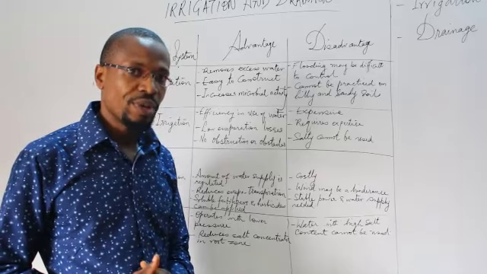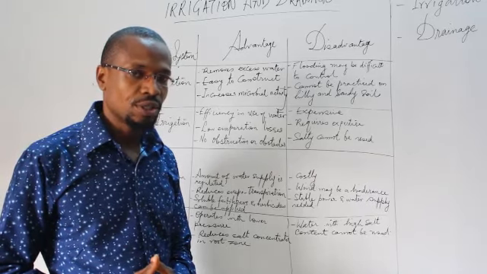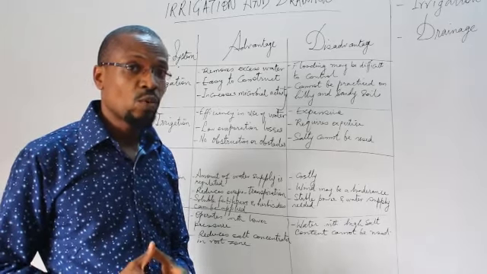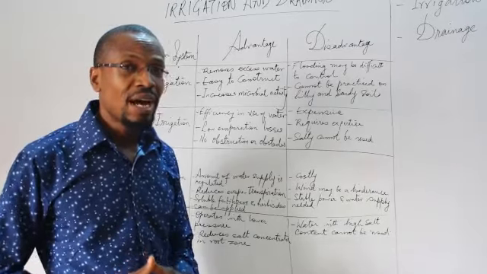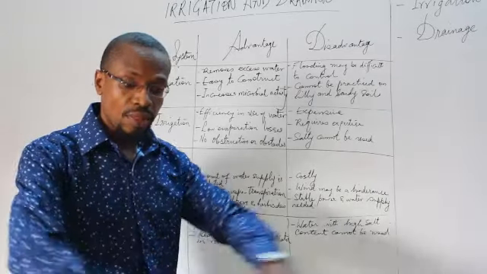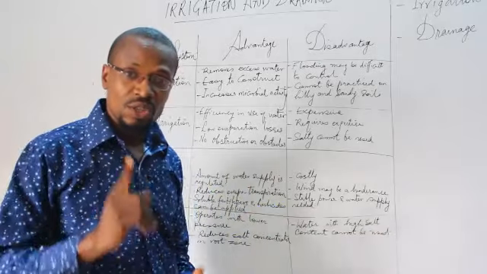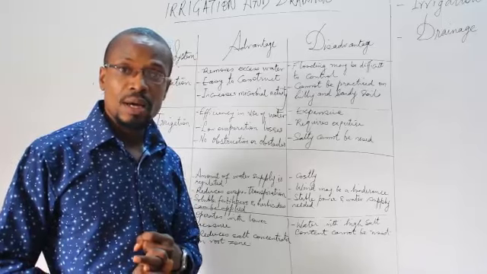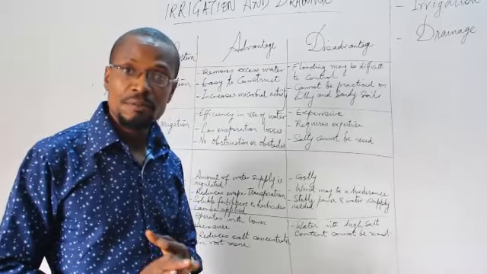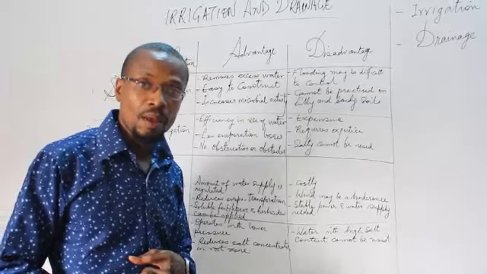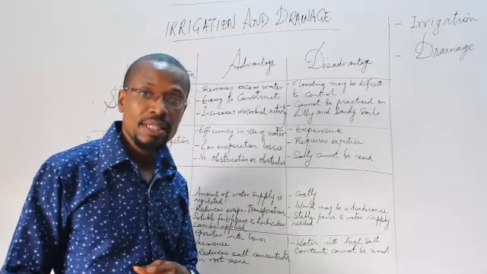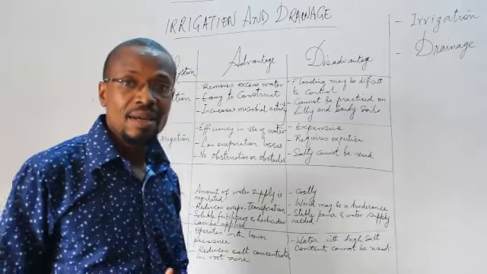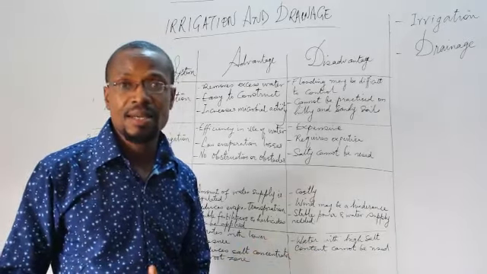If you want to irrigate your farm, there are a few cautions, a few things you must take note of, because when water is constantly available across the surface of the farmland, you're going to have to deal more with weeds, with different microorganisms, and with a lot of unwanted pests and diseases, okay?